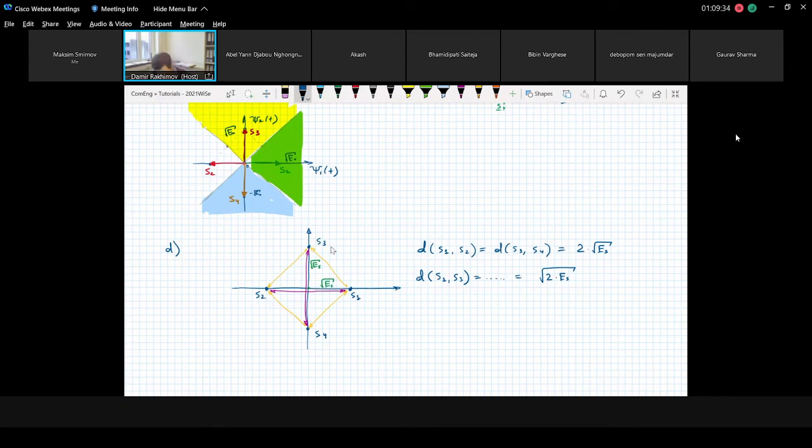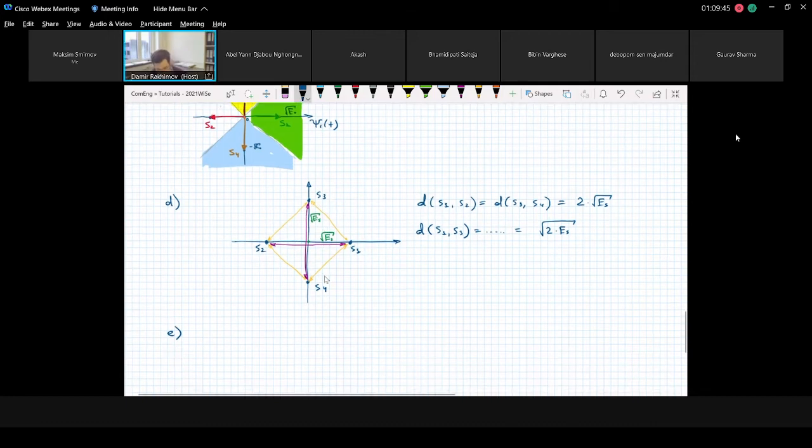Okay, and the last part E, we need to specify this minimum distance as a function of mean energy per bit. So we can simply write that D min, the minimum distance between nearest neighbors, was 2 times ES under the square root.